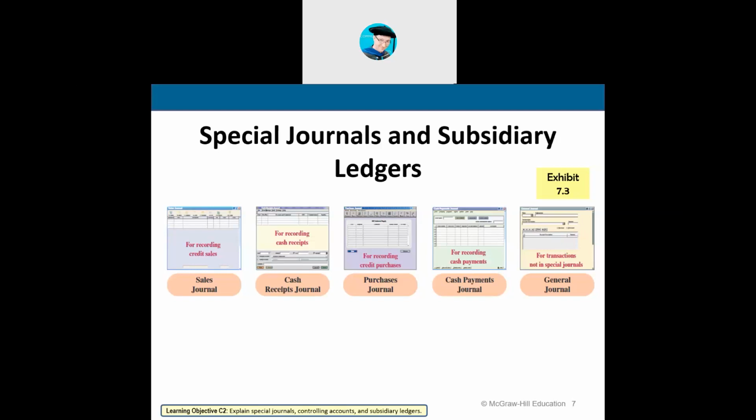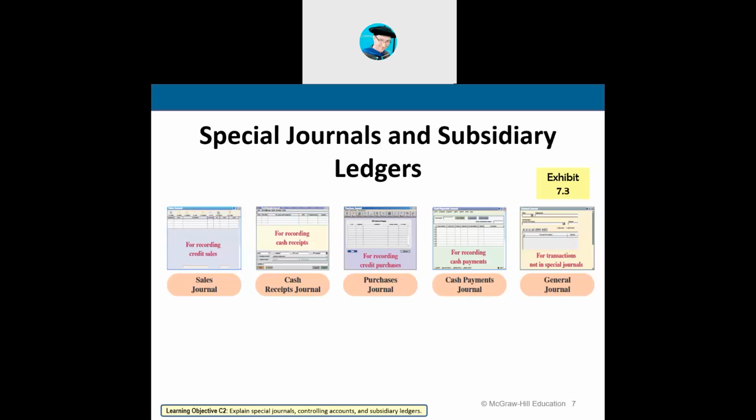There were times where we had to do special journal entries for things like sales that were not part of a group, or cash receipts for our petty cash fund at the front desk. Purchases journal entries were for recording credit purchases that were one-offs, like when I had to run down to get some stamps at the post office using the company credit card.